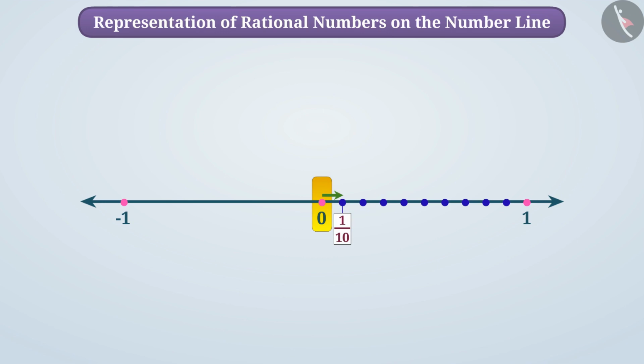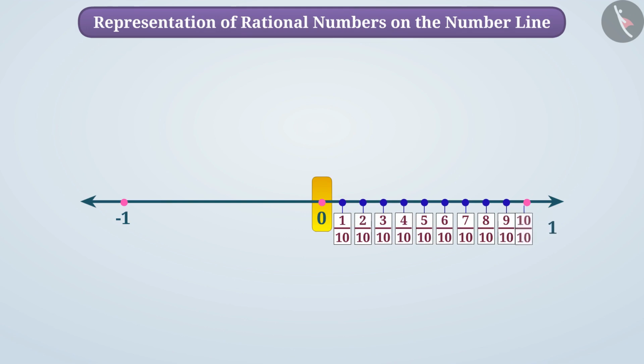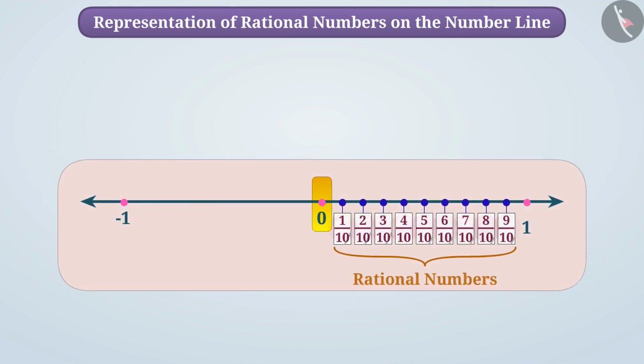In the same way, two parts can be shown by 2 by 10, 3 by 10, etc. Similarly, by taking 10 parts out of 10, you can show a complete, that is 1. Just now, we have represented rational numbers on the number line. Let's understand in detail the representation of rational numbers on the number line.